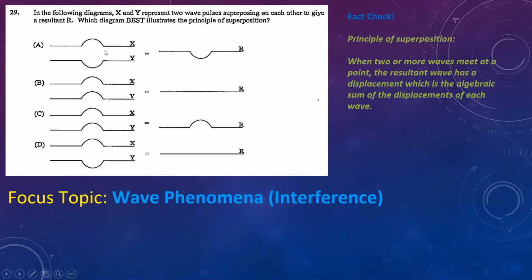A doesn't show that, B doesn't, C doesn't, D shows it, because we can consider this pulse to have a positive sign. It's going in a certain direction, while this pulse is going in the opposite direction. And so when we add positive and negative, which have the same numerical value, the answer will be 0. So you get no resultant wave, and your answer is D.